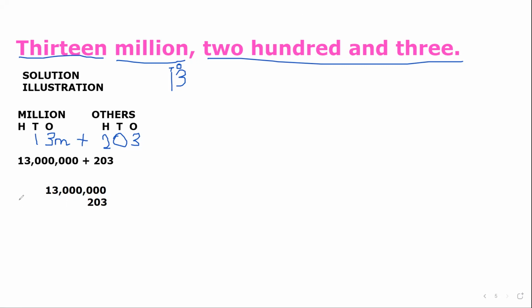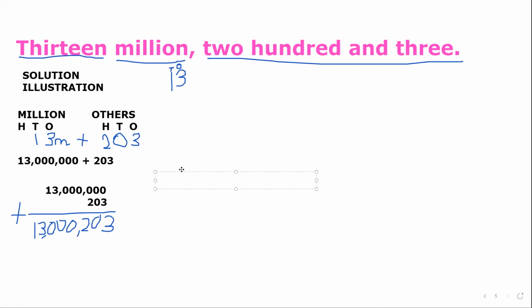Because always you start recording from the back and then you add them. When you add them, good. So here is 3, here is 0, here is 2, comma, then the 3 zeros, and then the 3 and 1. Okay, that is 13,203,000. Okay, let me put them here.